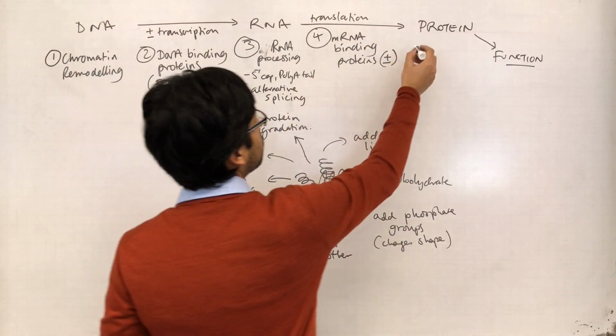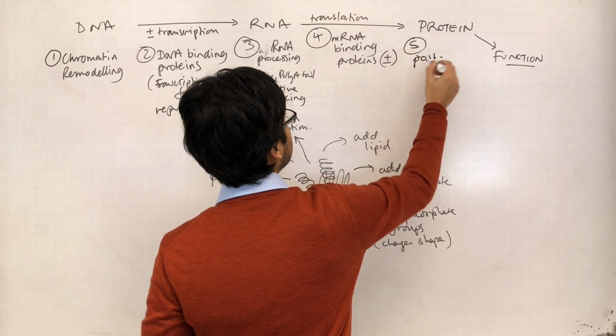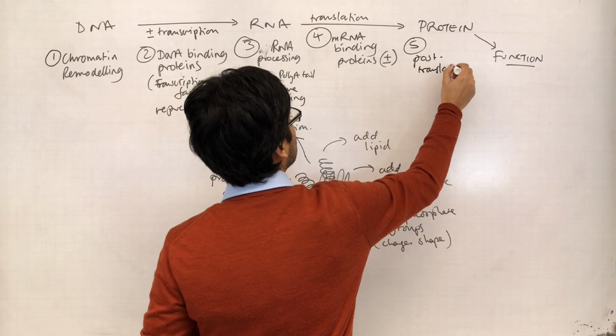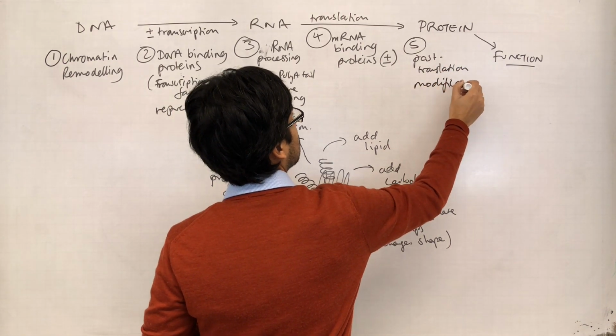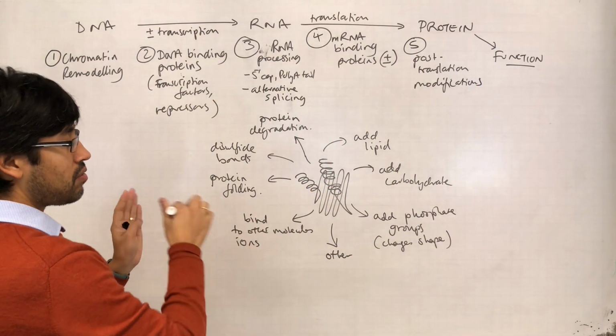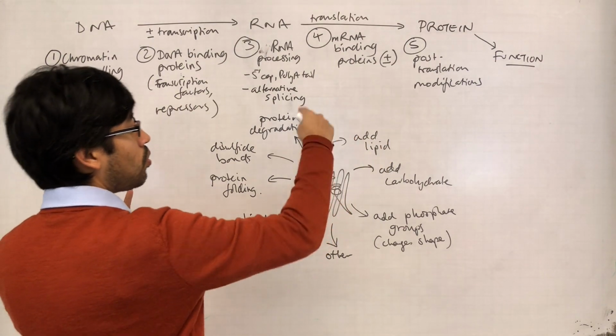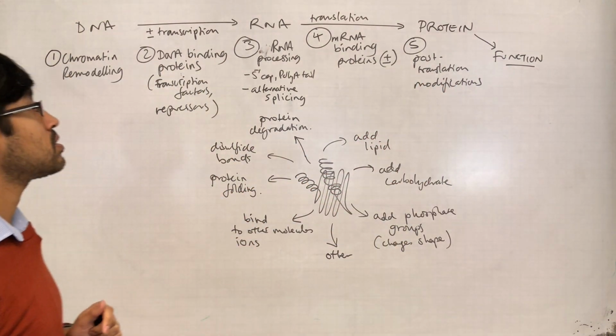So we'll just call these, point number 5, post-translational modifications. So after the translation process has happened, all these various things can happen to the protein to adjust its function.